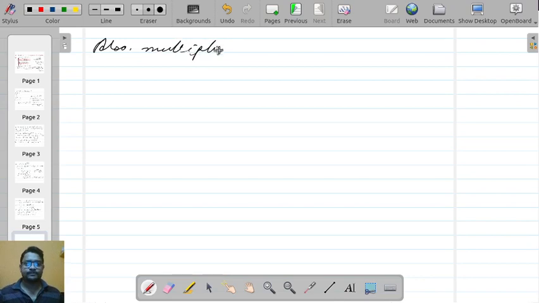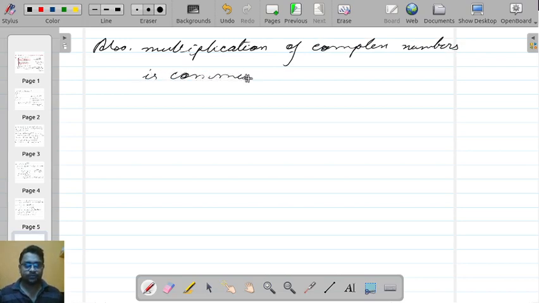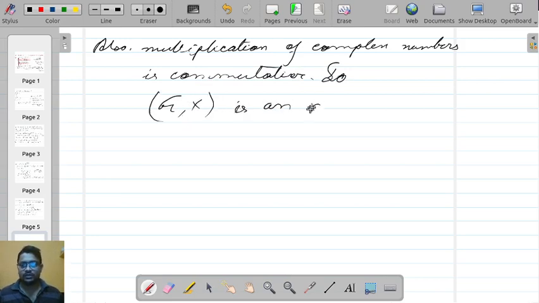Multiplication of complex numbers is commutative. Okay. So G with respect to multiplication is an abelian group.